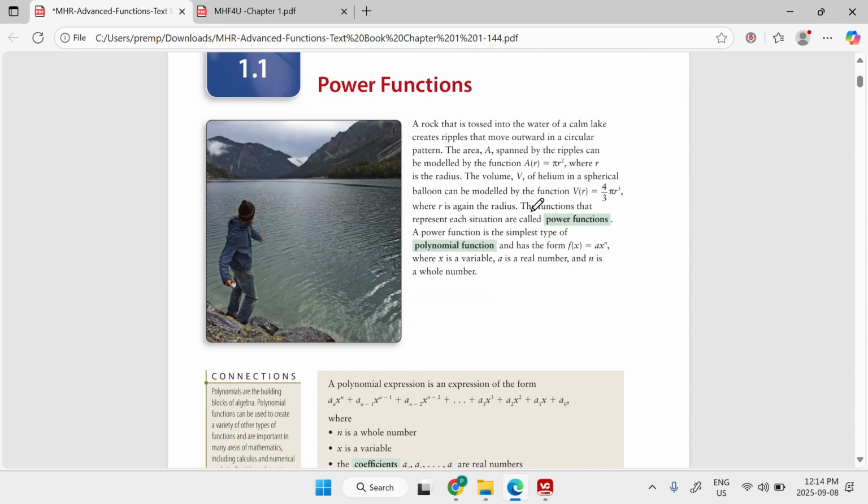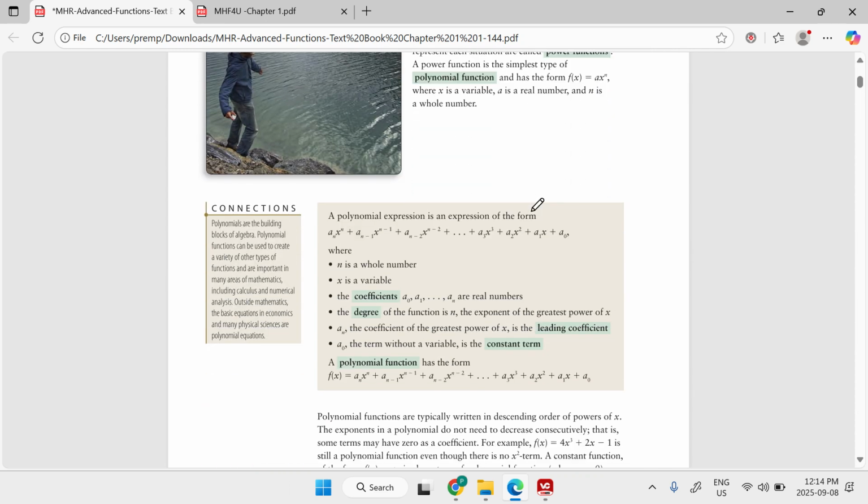Now we look into the polynomial function. Any function which has this form, you can see here, is called a polynomial function. What it says is that the n value, meaning the power of x, has to be a whole number, and then it has some coefficient values.